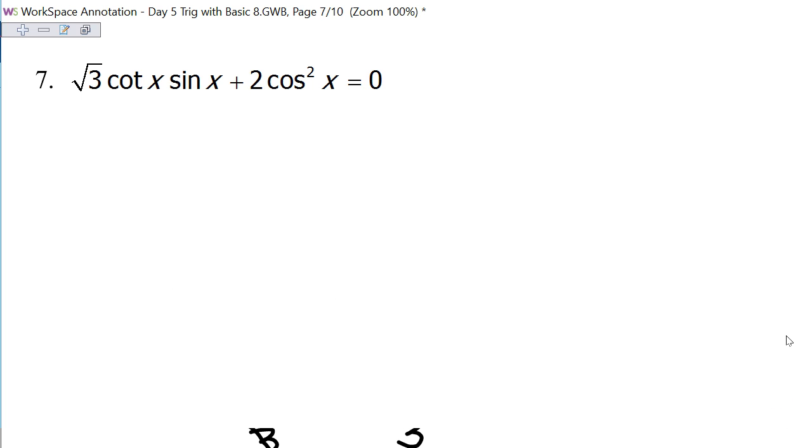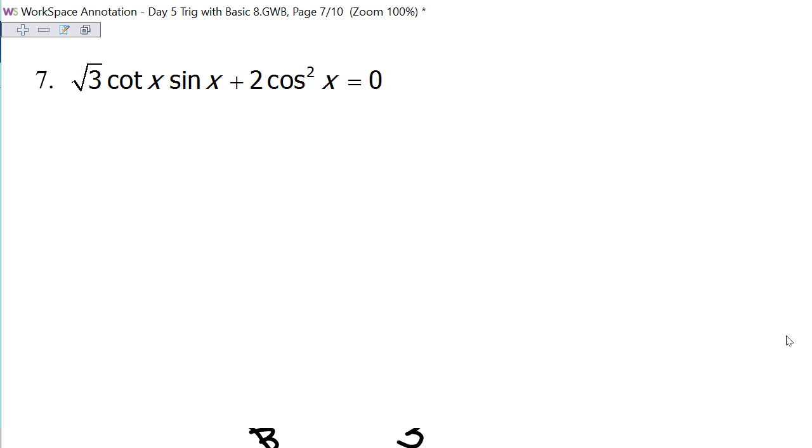And number 7, I see a cotangent, a sine, and a cosine squared. So I have 3 of them. What could I do? Do you find an identity? We could use an identity. We have a cosine squared, we have a sine. What about cotangent? What could I do with cotangent?